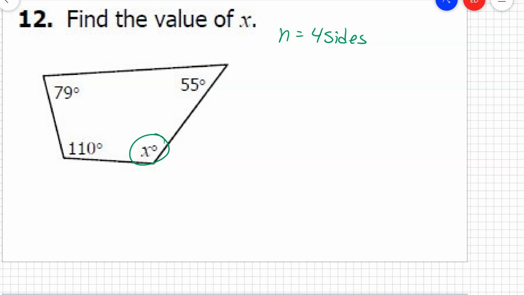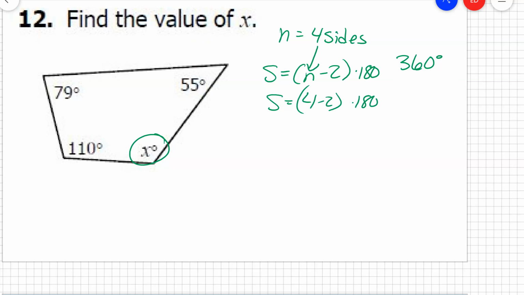We can look at our list and see that the quadrilateral has 360 degrees total for the interior angles, but if you forget that, just remember your formula is going to be S equals the number of sides minus 2 times 180 degrees. So we're going to go ahead and plug in wherever n is. So S equals 4 minus 2 times 180, which will just give us 360, because that was just showing how to find the sum of the interior angles.